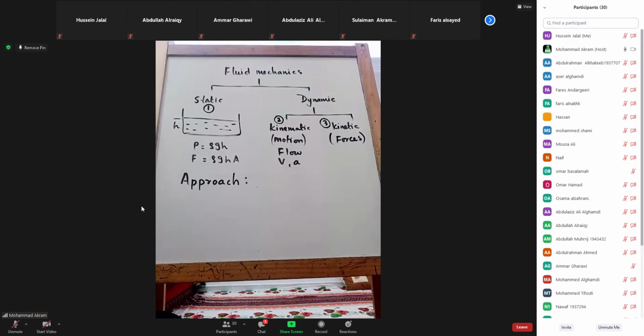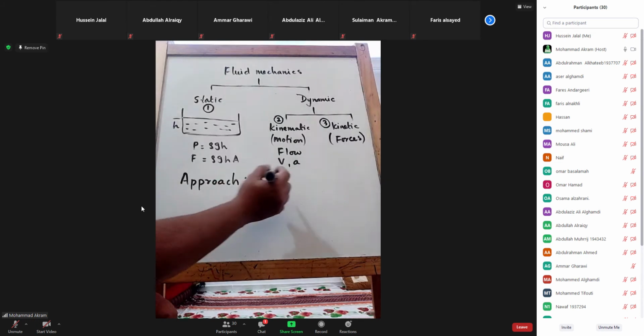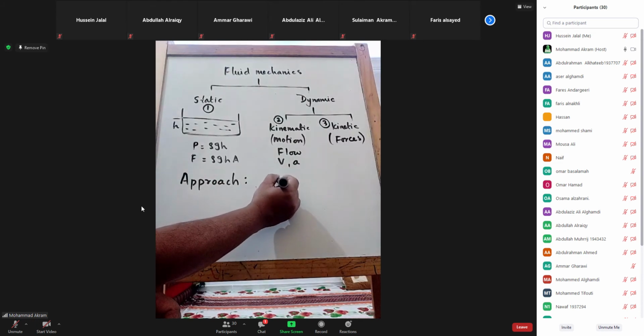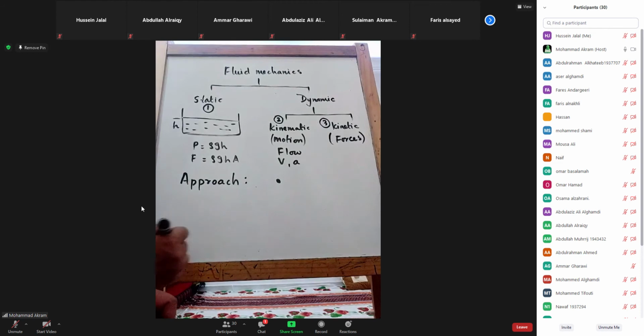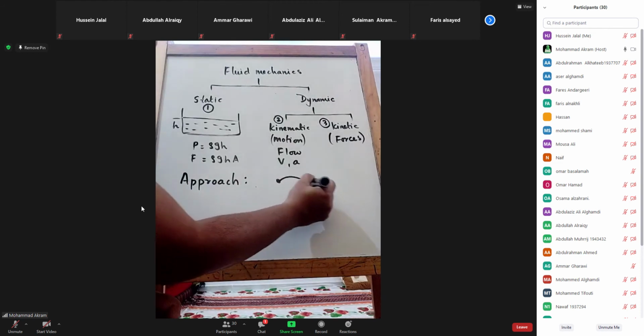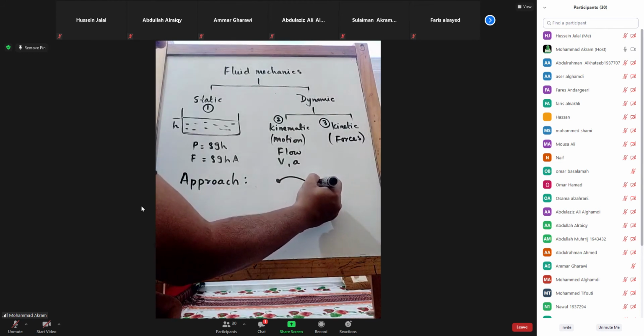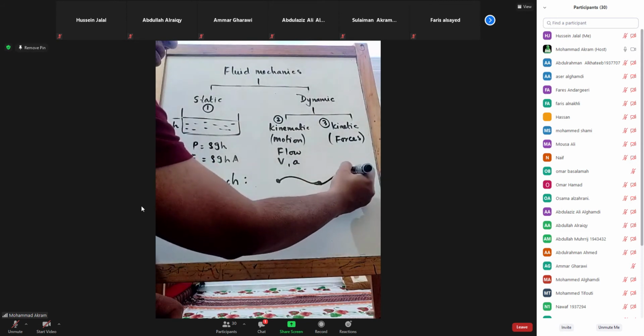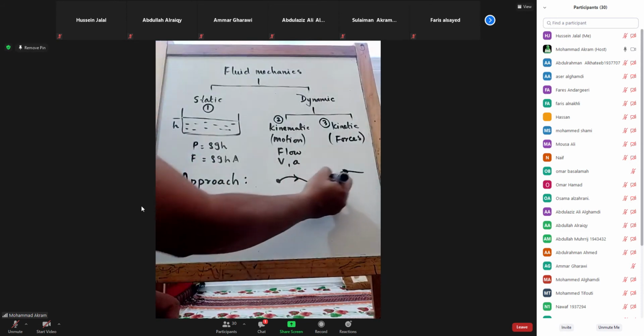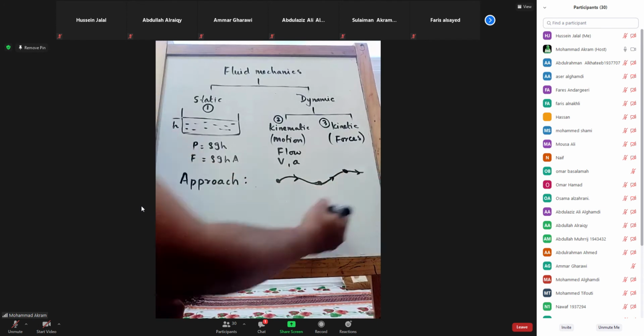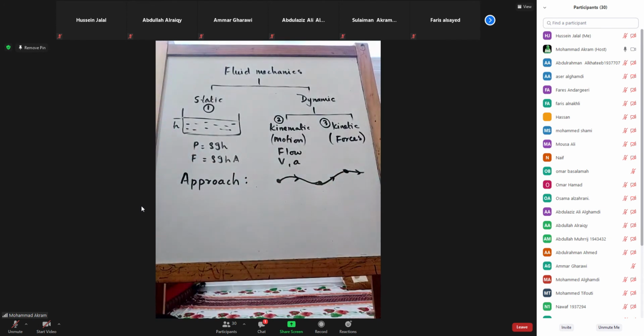There are two types of approaches to study the fluid flow. One is that you concentrate on a particle and study where this particle is going. You track it wherever it is going.